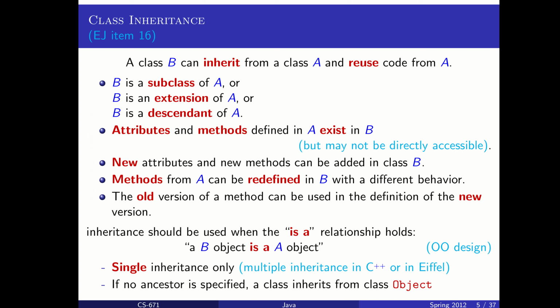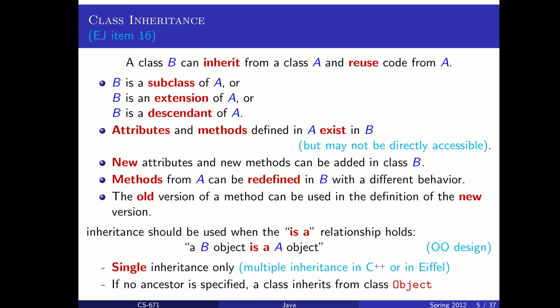Another important thing about classes and objects in Java is inheritance. And you've probably seen this in other languages if you've done other object-oriented things, but we can take a class B and have it inherit from a class A, which essentially reuses some of the code from class A. It gives B some of the stuff that belonged to A. In fact, all of the stuff.